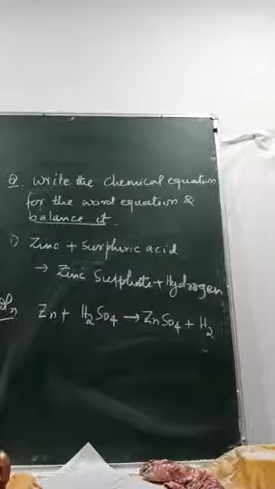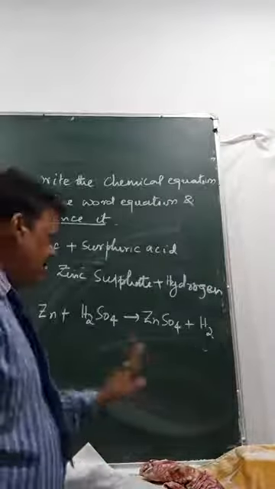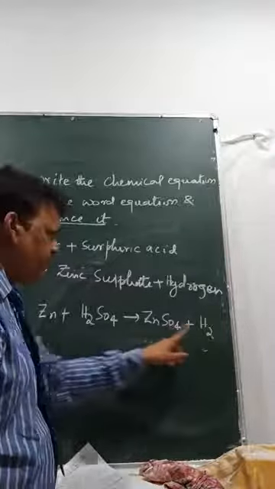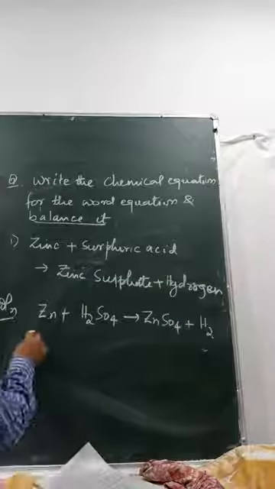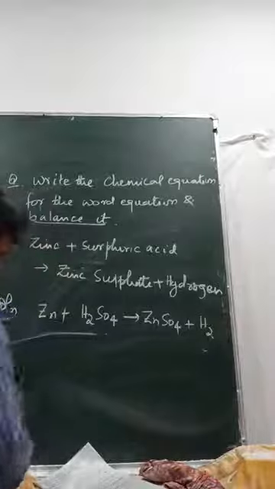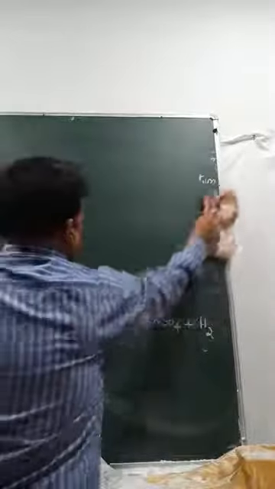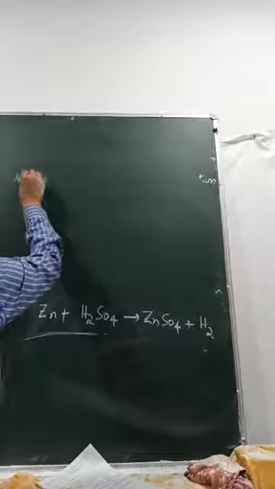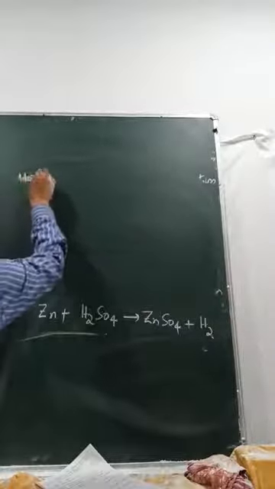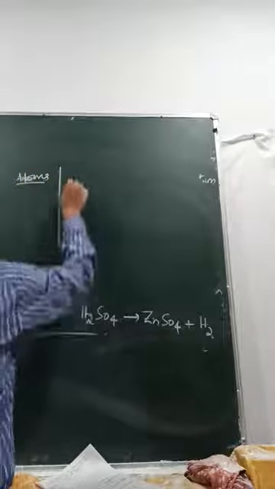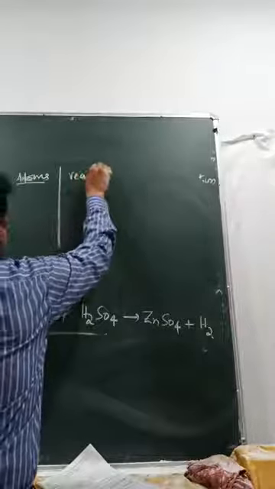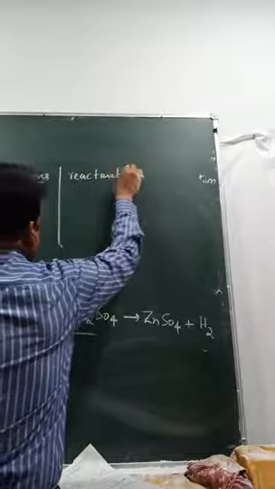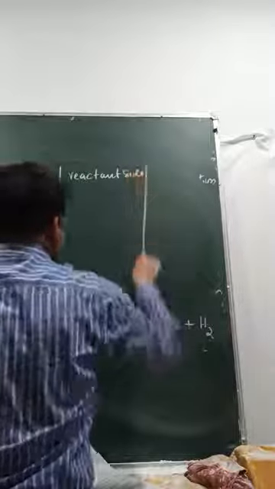Now we have to check whether it is balanced. So what are the atoms you find first? You are finding the atoms on the reactant side and the product side.